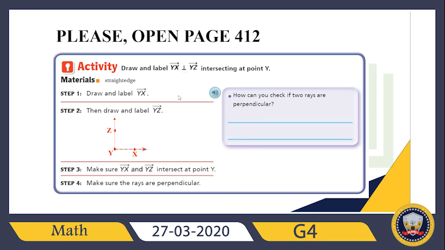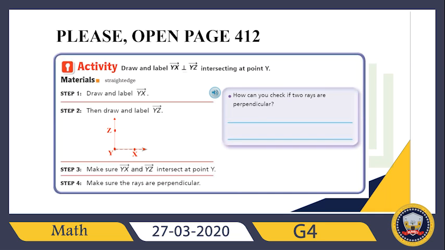Remember the example in the beginning of the lesson. So right now Y will be the common point, and then after Y I need to draw a ray YZ. So they intersect at point Y. Okay, it says how can you check if two rays are perpendicular?